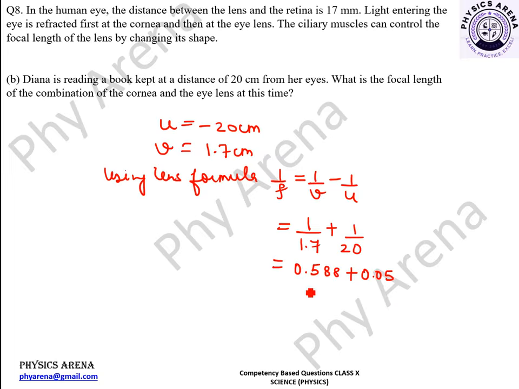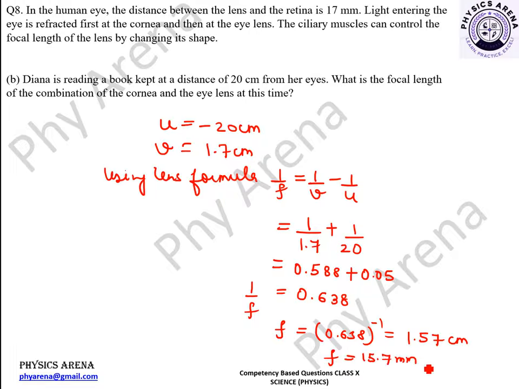So when we add it up, it becomes equal to 0.638. That is the value of 1 by f. On taking the reciprocal, f will become equal to inverse of 0.638, and that is equal to 1.57 centimeter. And in millimeters, we can write it as 15.7 millimeters.